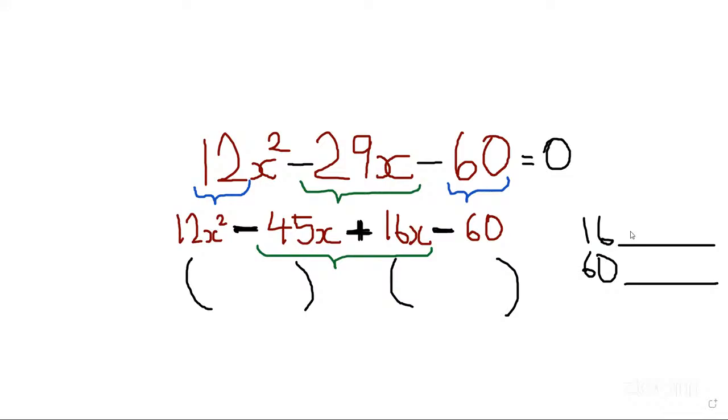So we'll have 2 by 2 by 2 by 2, and we have a 2 by 2 by 3 by 5. And just like that, we have what we need. All right, so we have a 2 by 2 and a 2 by 2, right?